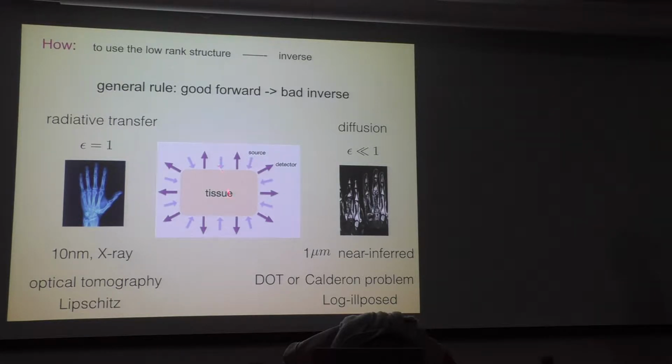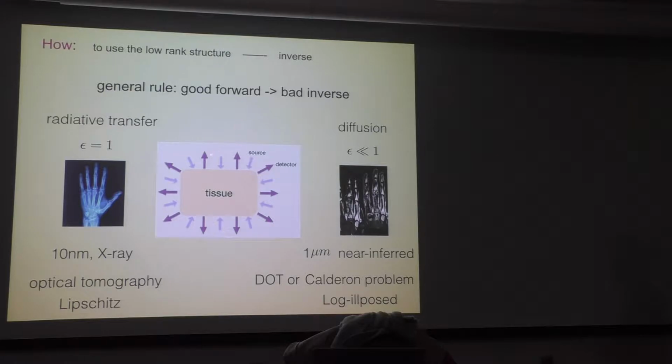I fire photon particles into the tissue, and the photons scatter around and gradually get out and get received by the detector. If the photon is high energy, in the sense that the wavelength is extremely low, we call it X-ray or optical tomography, and one has a very sharp image.